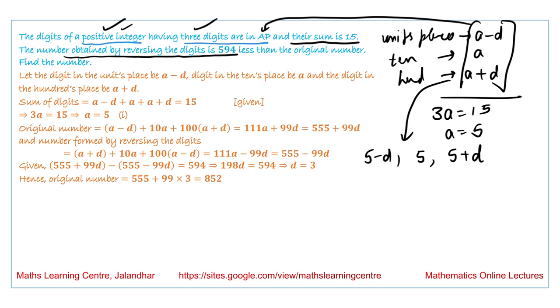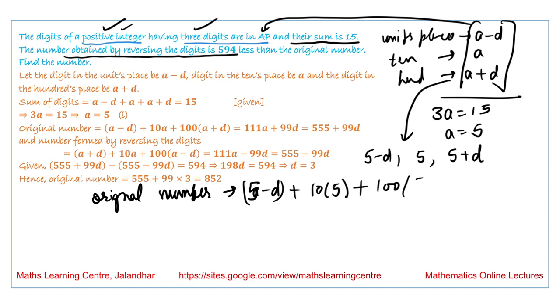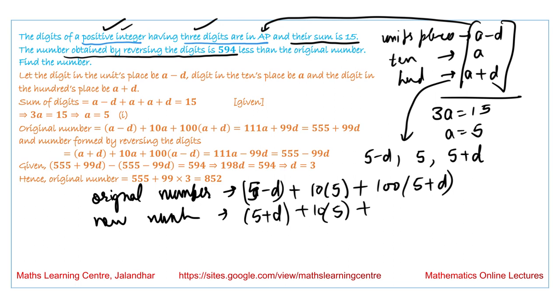Now the original number is 5 minus d plus 10 into 5 plus 100 into 5 plus d, and the new number obtained by reversing the digits is 5 plus d plus 10 into 5 plus 100 into 5 minus d.